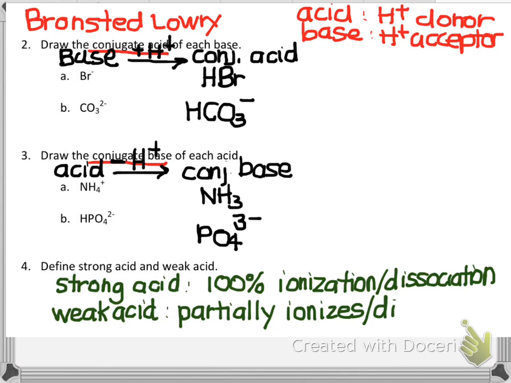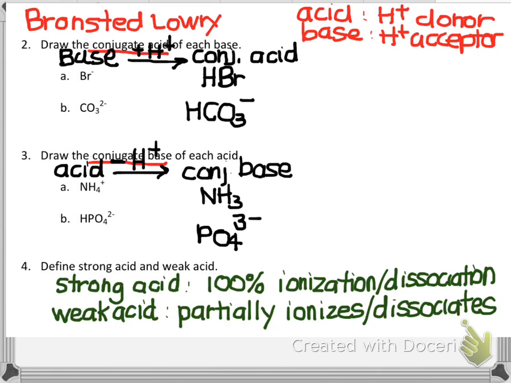So we would say that it just partially dissociates or ionizes. Now this is where on the weak acids were those back and forth arrows that I wrote in problem 1.